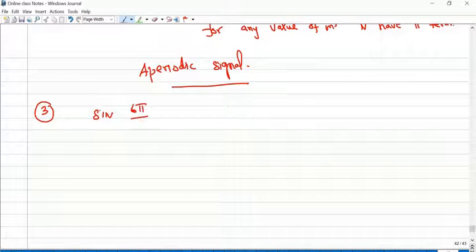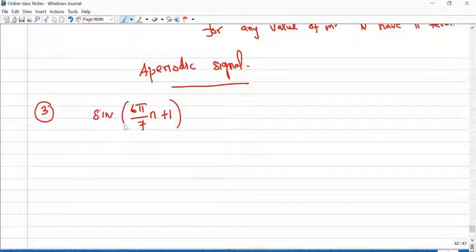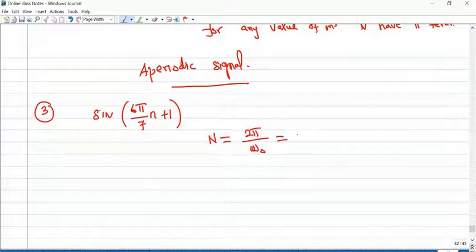Sine 6 pi by 7 n plus 1. Check whether the signal is periodic or not. The formula for the fundamental time period of a discrete time periodic signal is N equal to 2 pi by omega naught. Here omega naught is 6 pi by 7, from sine omega naught n plus theta. Forget about theta, we need the omega value.